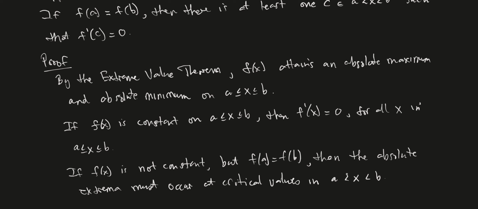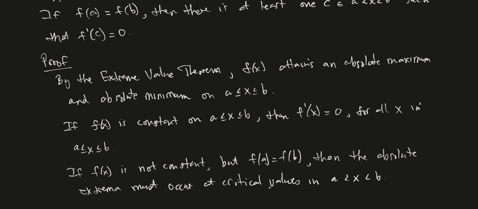Remember what the extreme value theorem tells us, and in fact another theorem which we haven't really stated, Fermat's theorem: if you have a continuous function on a closed interval, the absolute min and max must occur at either endpoints or at critical values inside.